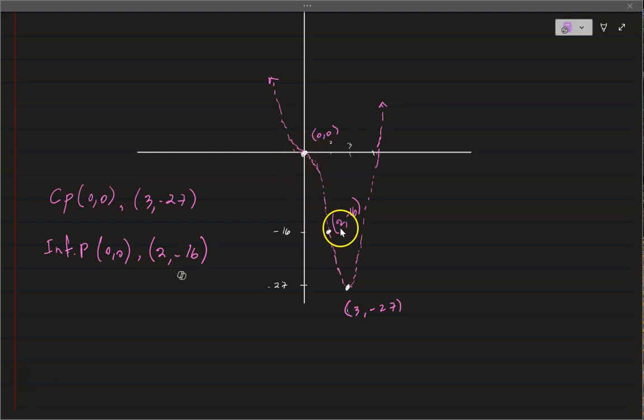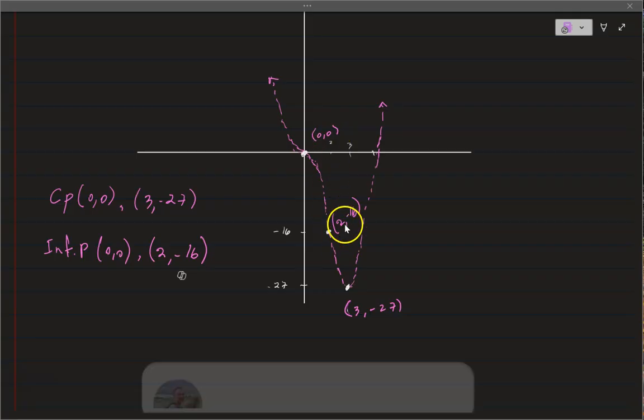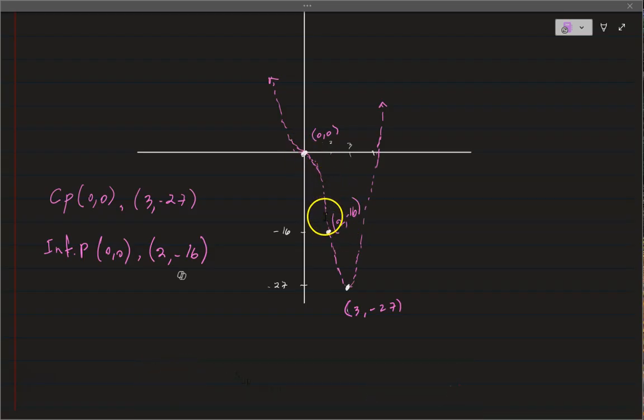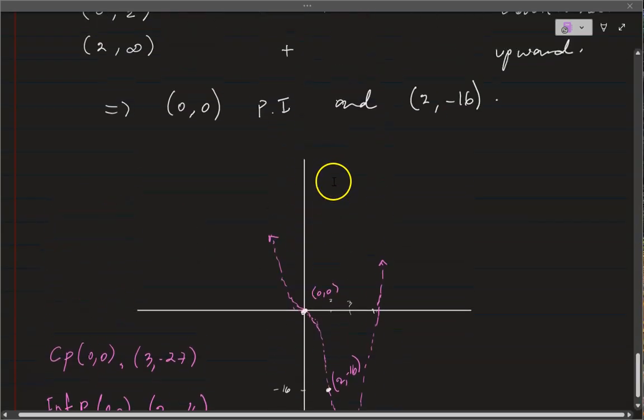And then of course we have at 2, negative 16 another inflection point, along with 0, 0. Notice that 0, 0 is a critical point and an inflection point, and that can happen. And then 2, negative 16 as well. So notice that the curvature changes at 0, 0. Then at 2, negative 16, we did a test value with the second derivative.